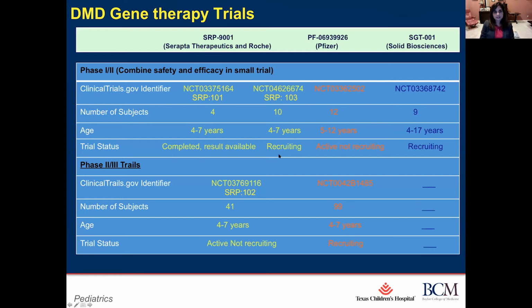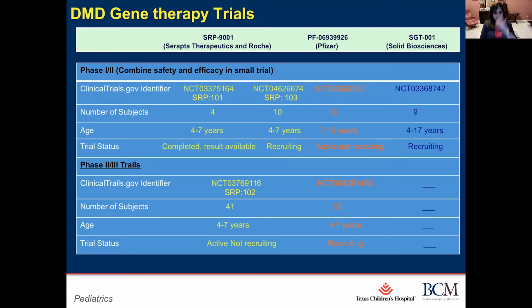For DMD gene therapy trials, there are 3 companies doing them: Sarepta, Pfizer, and Solid. Sarepta has 3 studies. The phase 1, SRP-9001, enrolled 4 patients, ages 4 to 7 years.